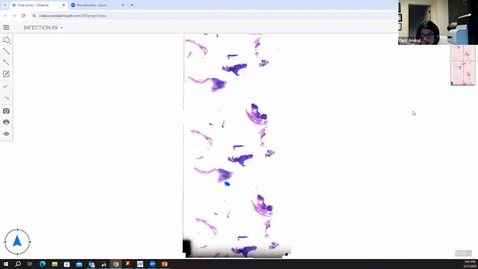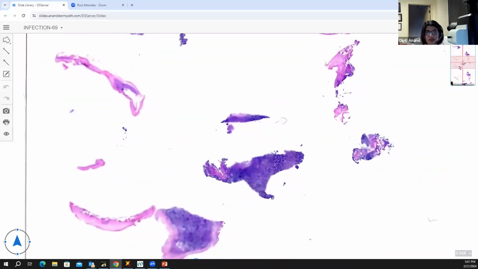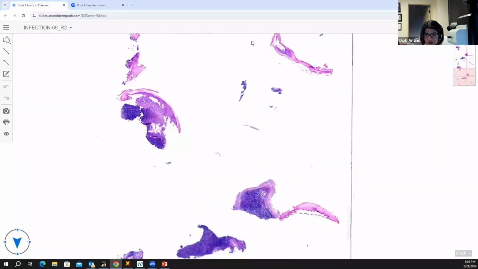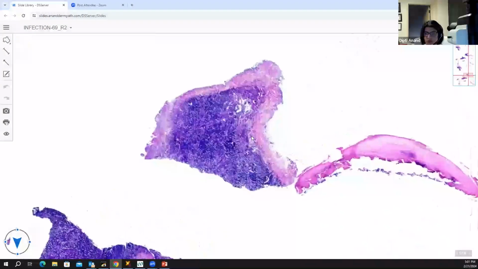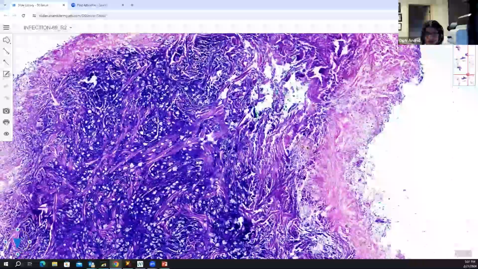This is not an uncommon scenario where you see suppuration and abscess formation. Again, the slide did not scan well. Let me repeat. Okay. So you see all this suppuration and abscess. This is nothing but necrosis and tons of neutrophils.